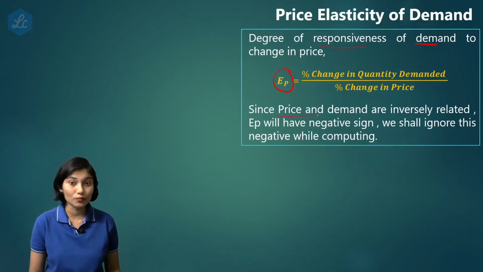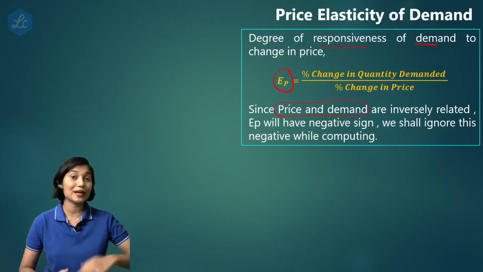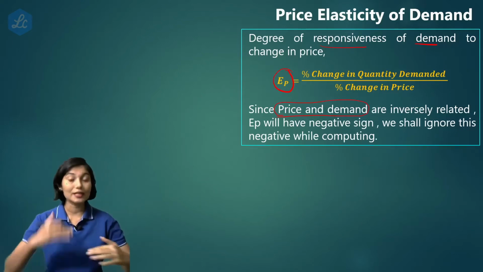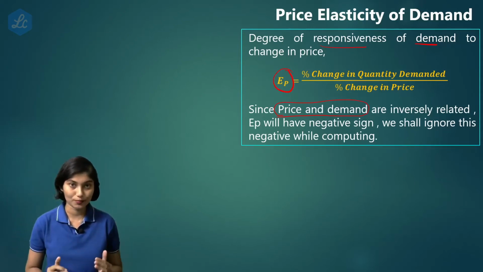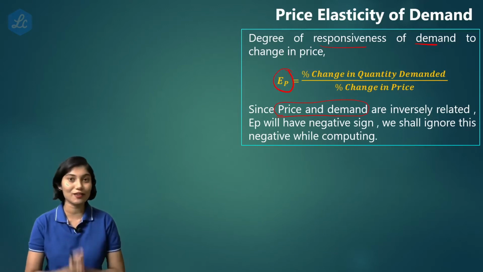Now you know that price and demand are inversely related, right? Inversely related means if the price increases, demand falls, and if the price falls, demand increases. So there is an inverse relationship, and if you have watched the basic introduction video, you would have come across this said by me earlier.